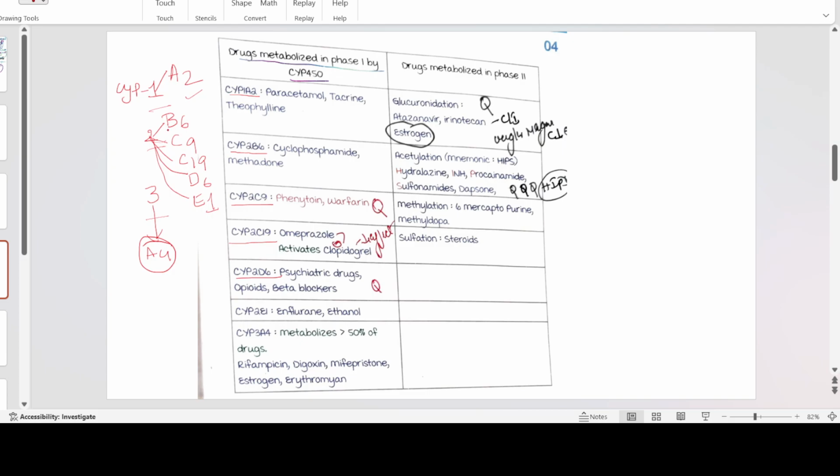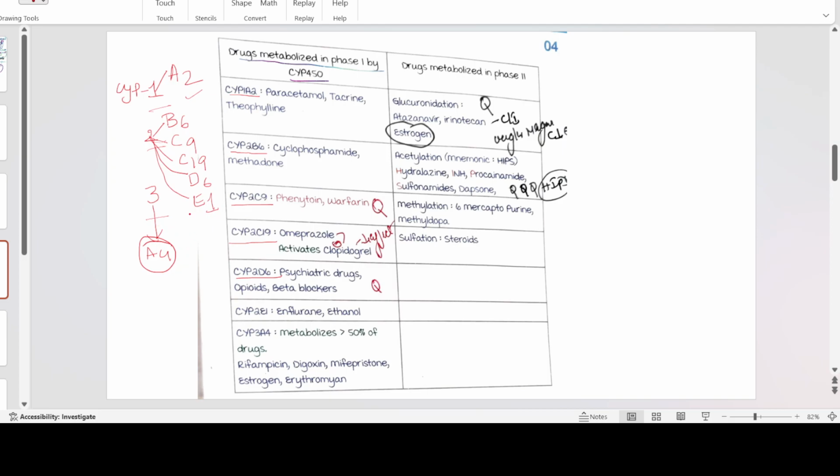Next, we have B, C, D, E. Under B you have B6. Under C, you have C19, C9. Under D, you have D6, then E. And under CYP 3, you have 3A4.